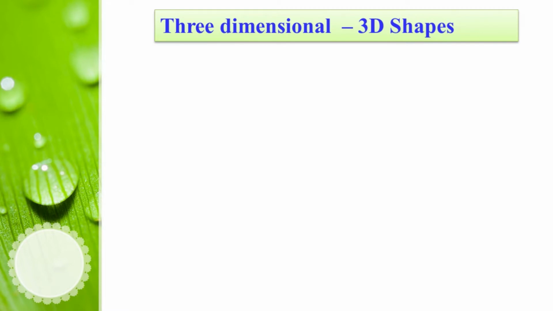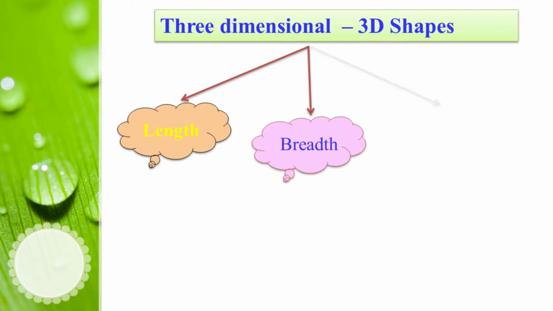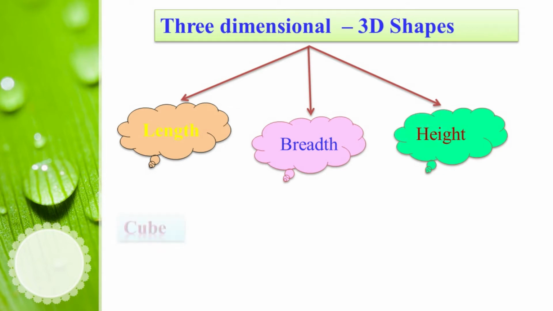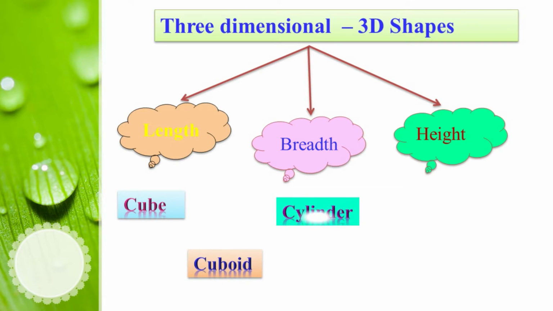Three-dimensional or 3D shapes. We can call these three-dimensional shapes solids also. Solids occupy space and have three dimensions which are length, breadth and height. Some of the examples are cube, cuboid, cylinder, cone and sphere.